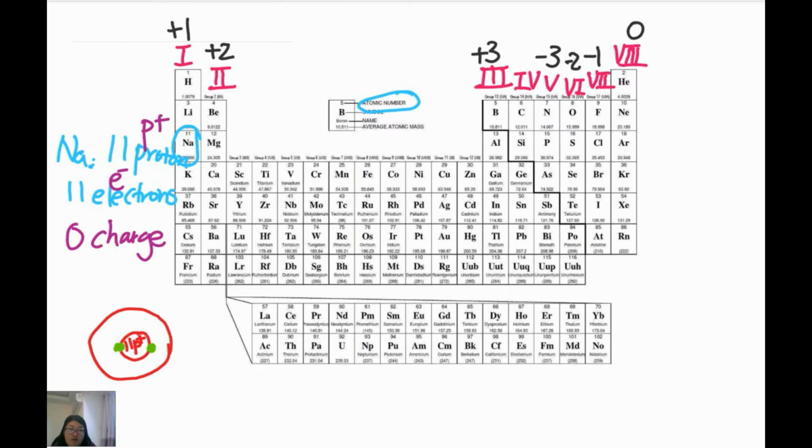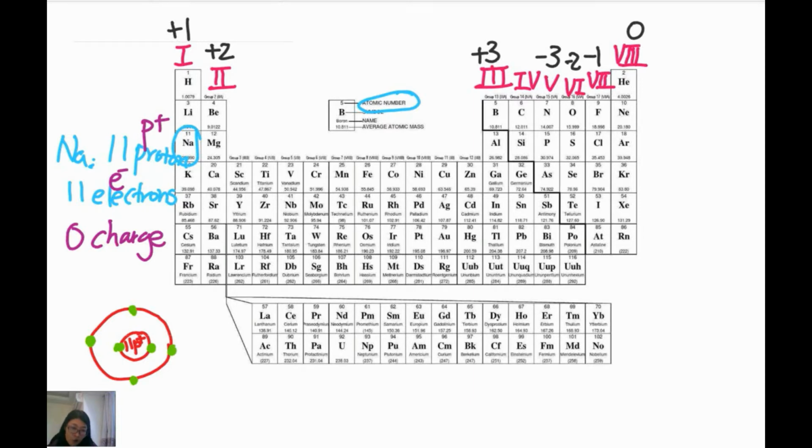And don't forget that I told you when you draw electrons, you do up, down, left, right. It's up to you. I don't care about the sequence that you do, but just make sure that you put down 4 single dots first before you put down the dots to pair them up.